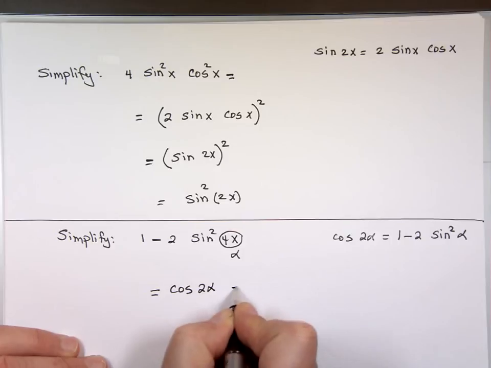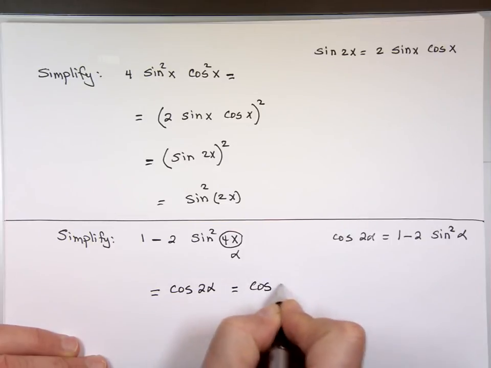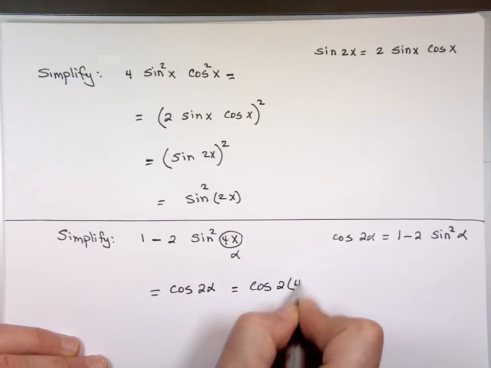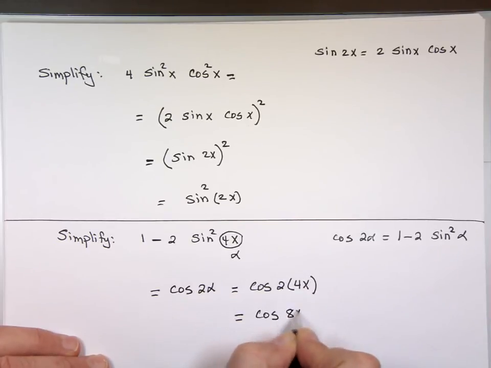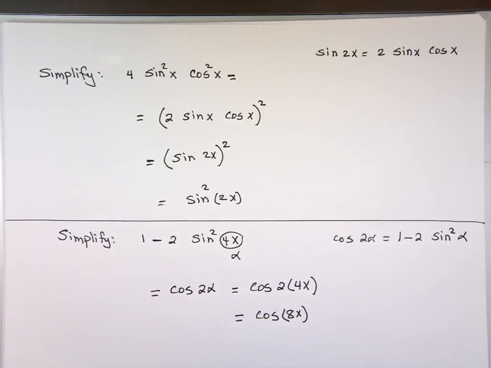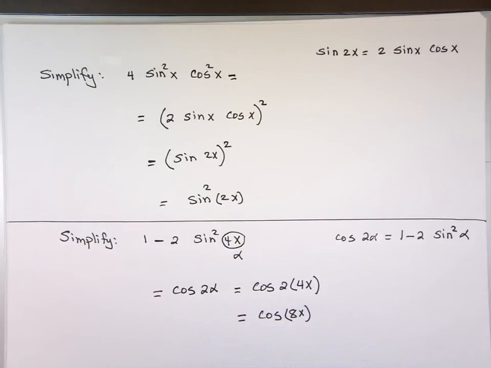Alpha happens to be 4x. So your answer to this question should be cosine 8x. So you can take that problem now and change it to cosine 8x. I'll stop here. We had enough, I think.